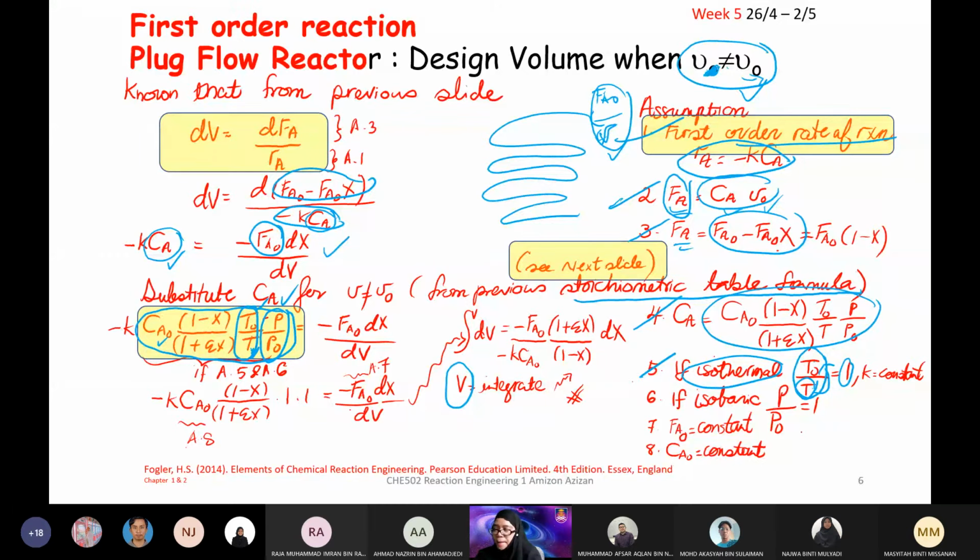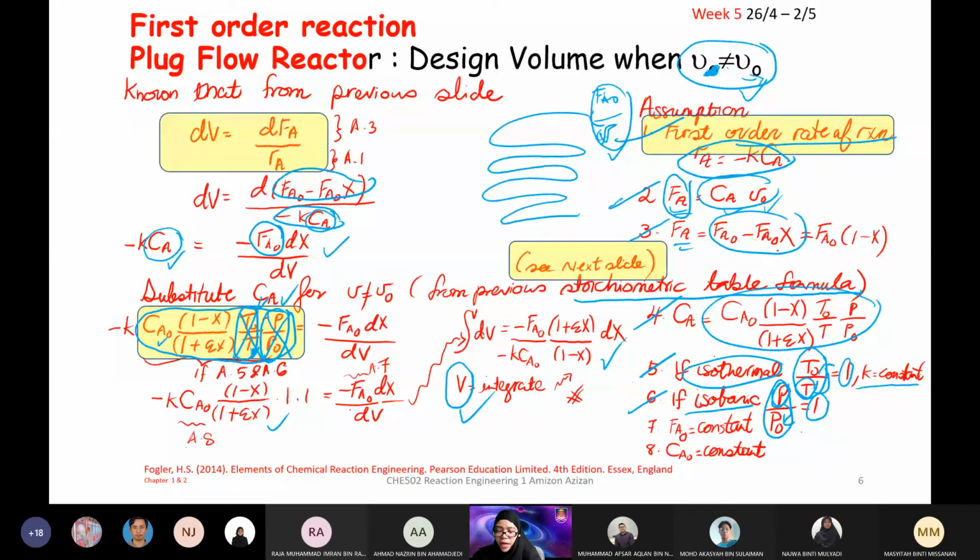Isothermal will give you a constant rate. And if the condition is said to be no change of pressure, it is fixed at a specific pressure, so this pressure is equivalent to the pressure naught. Then again, this ratio will become 1. So 1 times 1 is 1. Simply simplify that equation, rearrange it, and find V.